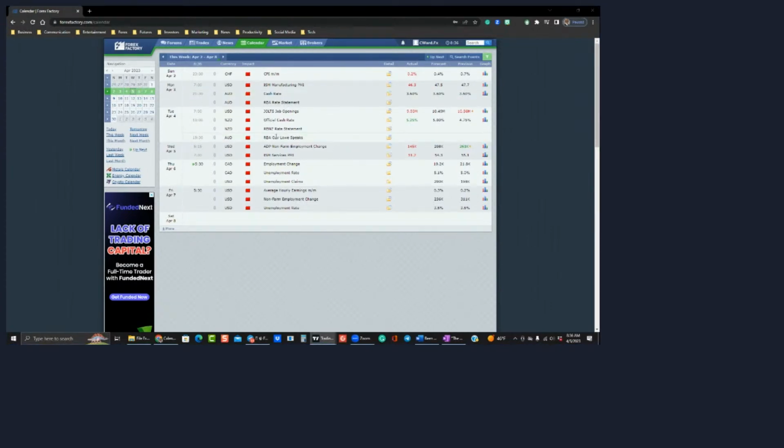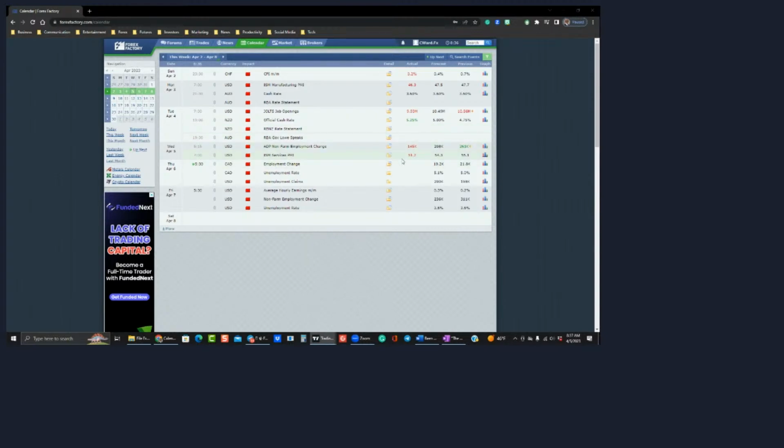All right, as long as you guys can see, then we're good. So you're looking at ISM non-manufacturing that we had this morning. Today is Wednesday. So that was these two here. This is what I was talking about. You see these numbers: actual, forecast, previous, and then you get the graph of it.